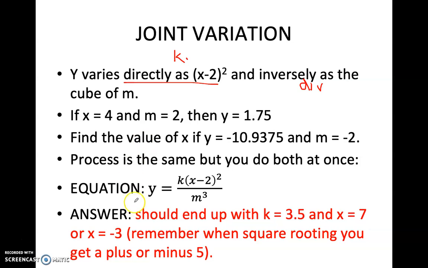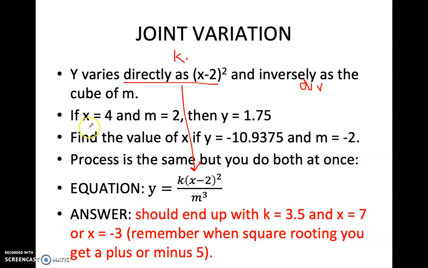And if you look down here, I have the actual equation. This says y varies directly as x minus 2 squared, because it's multiplication of the k, and inversely, so at the same time I'm going to put it over m to the third power. That's that statement written out right there. That's a combination. That's all joint variation is.